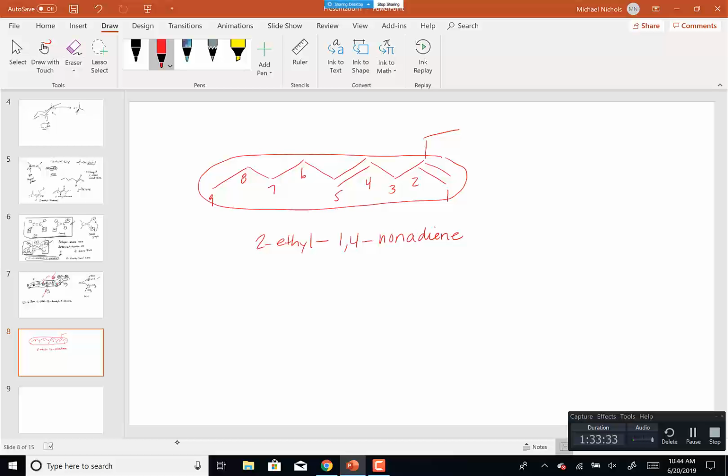Or, and this is why I think the IUPAC rules were revised, it would be non-1,4-diene, so that you didn't have to worry about putting the A in place. So if you have multiple double bonds, you have to have multiple numbers, and then you have to say diene or triene in the parent name.